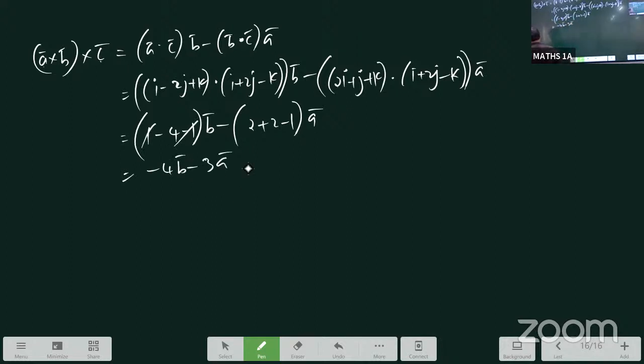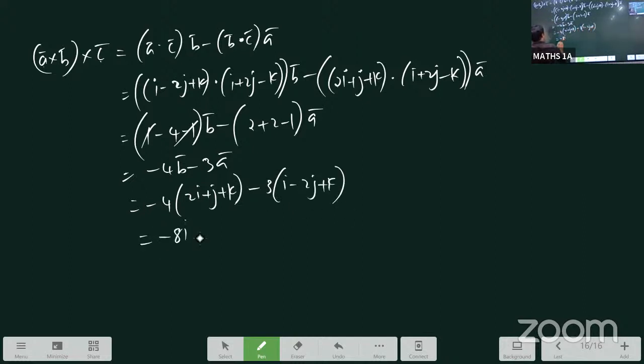Is it clear? That is nothing but minus 4 into what is b bar? 2i plus j plus k, minus 3 into a bar, i minus 2j plus k. That is minus 8i minus 4j minus 4k minus 3i plus 6j minus 3k.